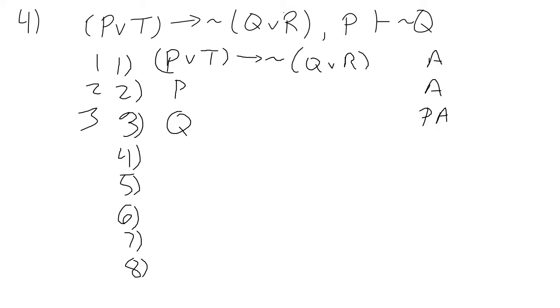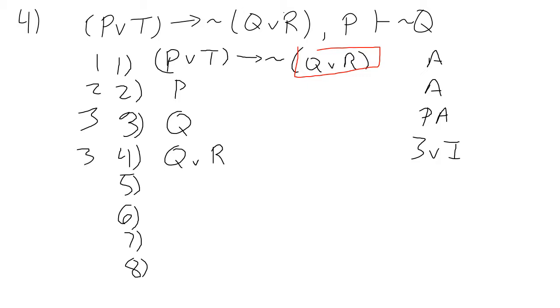Now, here again, not immediately sure what my contradiction is going to be, but this is a pretty good possibility because it's got a tilde in front of it. I could possibly build Q or R because I've got Q here in line 3. So maybe I go ahead and do that. Maybe I build Q or R from 3 wedge in.